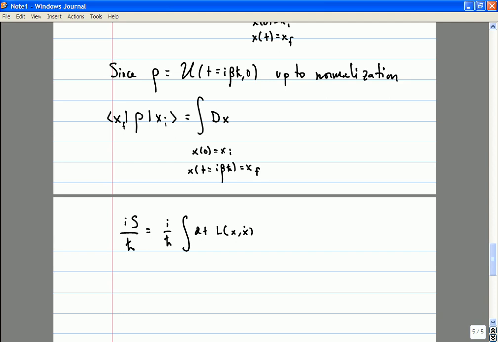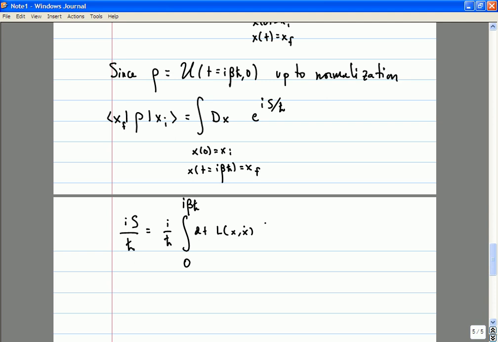And this time is integrated now from 0 up to a time i beta h bar. So now we're viewing time as a complex coordinate, and this is a contour integral in the complex time plane, and it's an integral along the imaginary time axis.